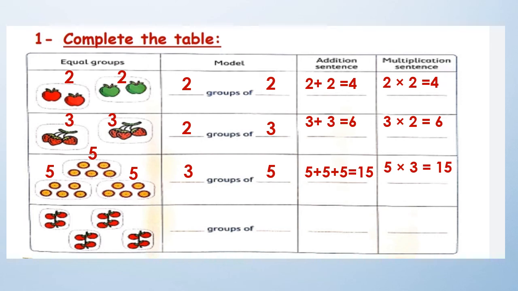The last one, I have 4 groups. Each group has 4 items. Then I will write the addition sentence as 4 plus 4 plus 4 plus 4, which equals 16. And the multiplication sentence will be 4 is repeated 4 times. Then I will write 4 by 4, which equals 16.